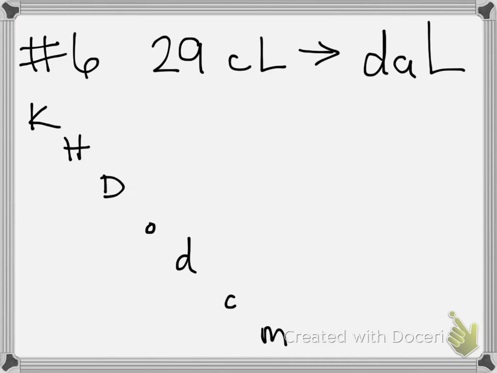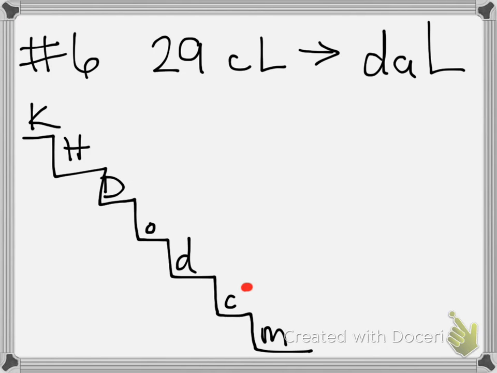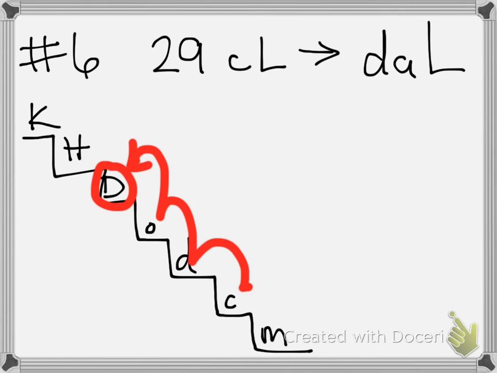So if you remember, "Kids Have Dropped Over Dead Converting Metrics," and we're starting at centiliters, so that's right here, and we're going to deciliters here. So if we count the stair steps, 1, 2, 3 places, and if I'm looking at that arrow, that has a general direction of left.